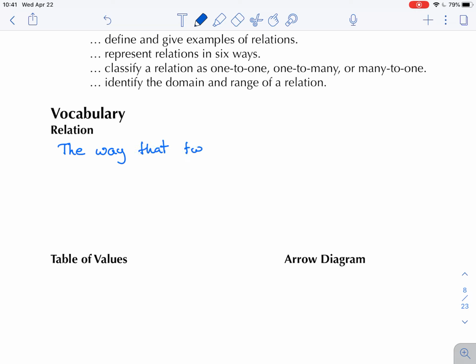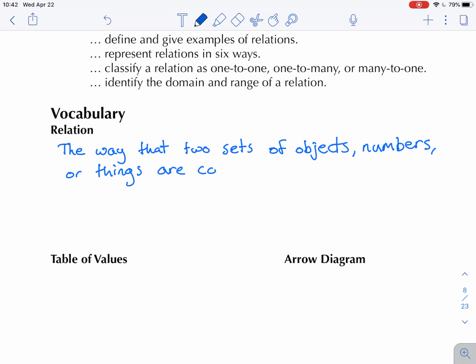It's the way that 2 sets of objects, numbers, or things are connected together.